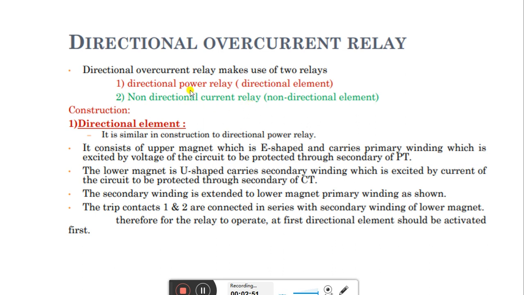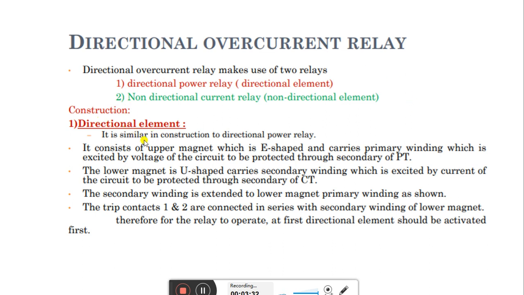One is a directional power relay, already we have discussed in the previous class, and second a non-directional current relay, which also I have discussed in previous classes. So to design, to fabricate a directional overcurrent relay, we have to incorporate both the things together, that is the directional power relay as well as the non-directional current relay. Then only it will be possible to operate the directional overcurrent relay.